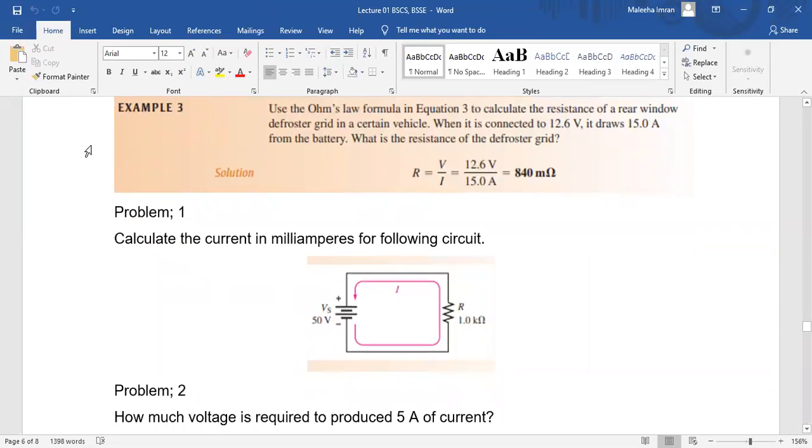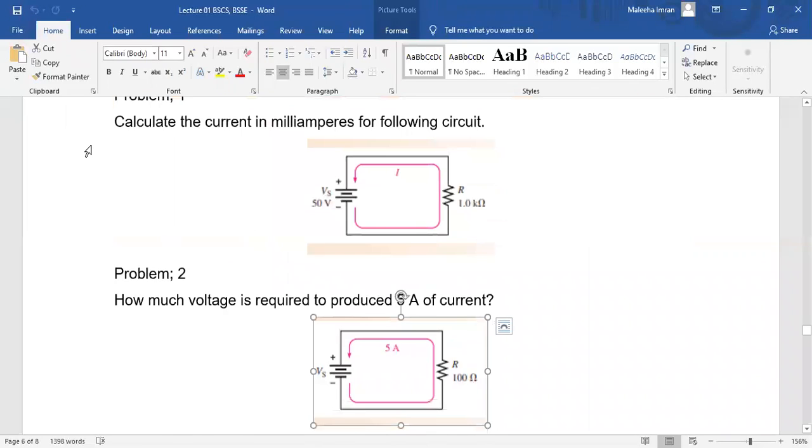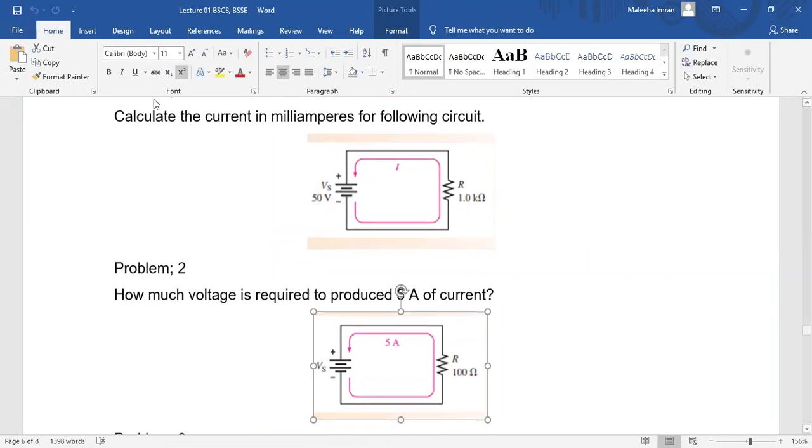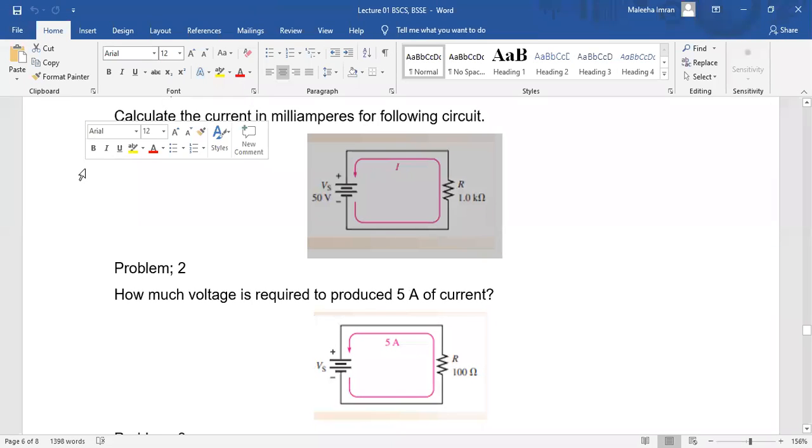Then, how much voltage is required to produce a 5 ampere of current? Here the resistance and current are given, so you have to determine the applied voltage.